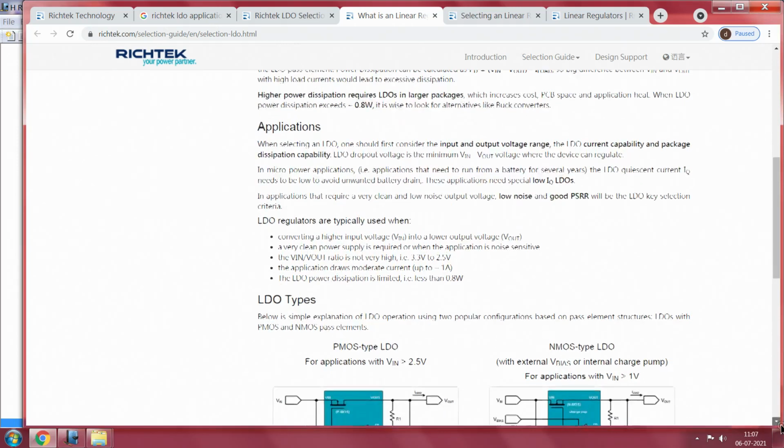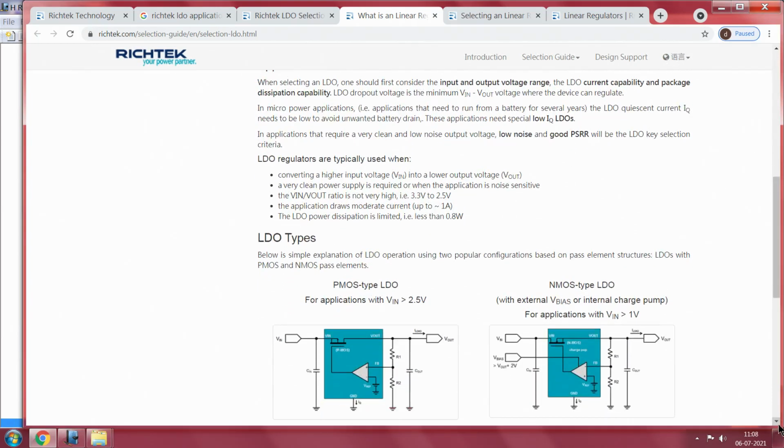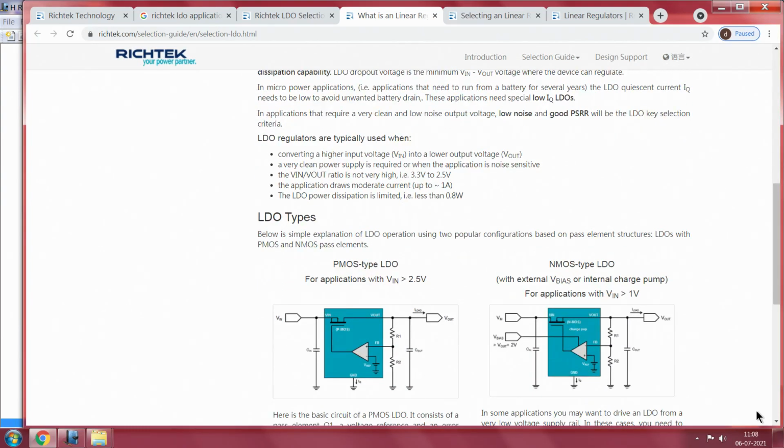This website talks about two types of LDOs. The LDO on the left side is PMOS, you can see that by this arrow. We have V in and V out, and the gate is pulled up and down based on the fluctuations in the I load.